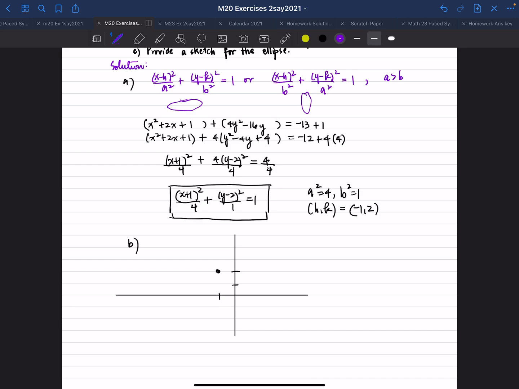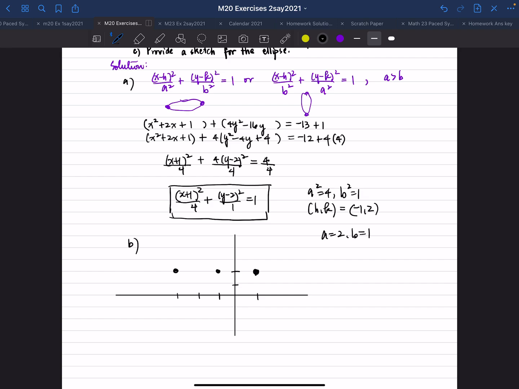So, let's compute for A. A is 2, B is 1. A stands for the distance from the center to vertex. These are your vertices. Vertex, vertex. So, center to one vertex is 2 units and horizontal. 1, 2. And to the left.